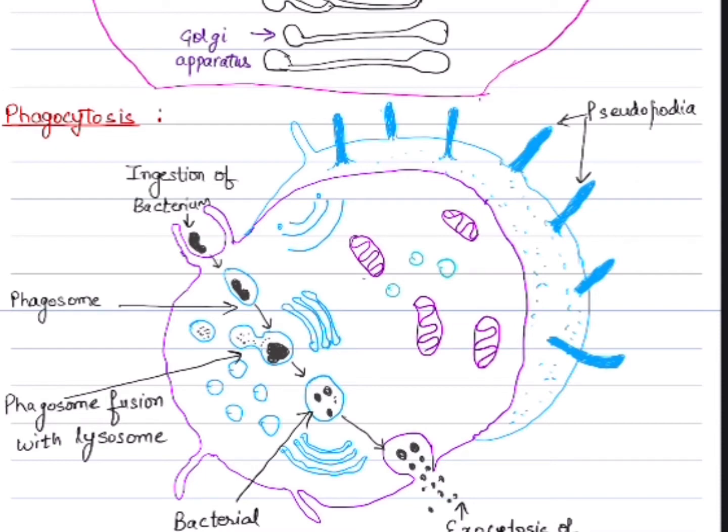Phagocytosis is initiated by chemotaxis, so phagocytes are attracted towards the site of microbial invasion or inflammation. This is the ingestion of a bacterium. It is internalized just like in endocytosis, and the phagosome fuses with the lysosome.